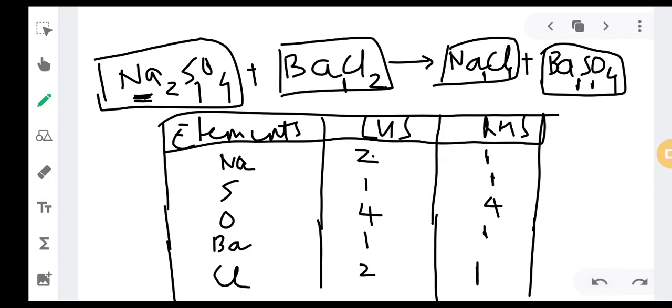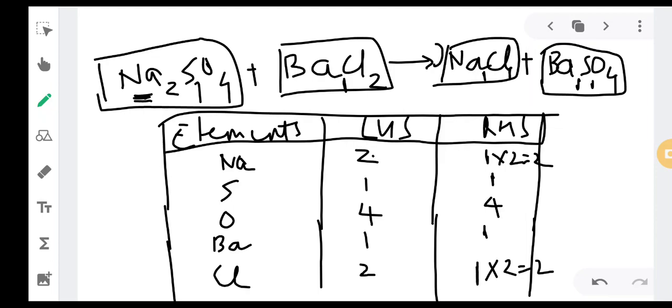So what is the thumb rule? Whatever is unbalanced, how can you balance it? You have to multiply the smaller number and make it equal. What is the smaller number over here? 1 is the smaller number, so multiply 1 with 2. So what will happen? This will also get multiplied.